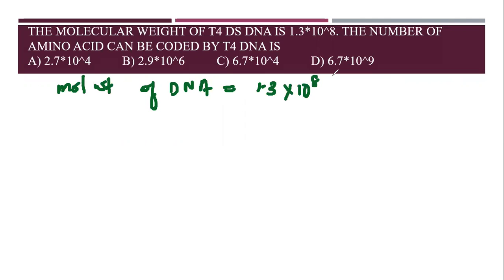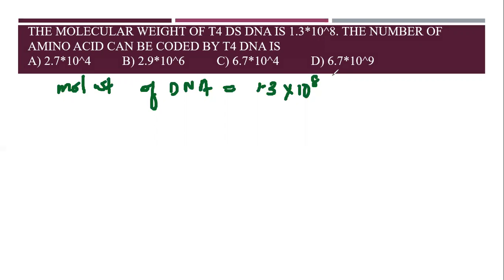Tell me what is the next step to do. Simple, right? Just now we have done. In that question, we were calculating the total number of proteins. Here we just need the total number of amino acids.